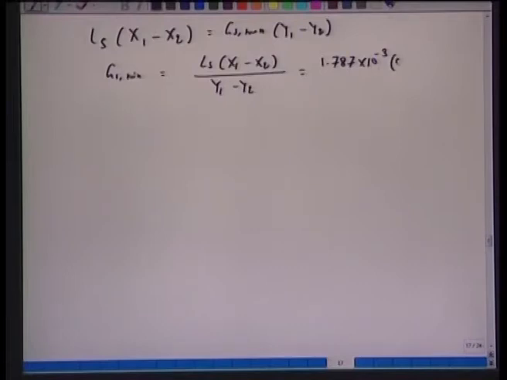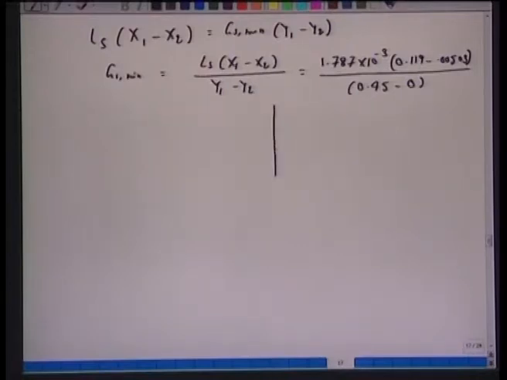We have x1 0.119, these are the concentrations. Okay, x1 minus x2, so this would be 0.119 minus 0.00503, divided by y1 minus y2, which is 0.45 minus 0. So how do we get this 0.45?